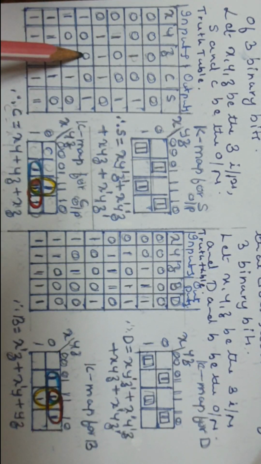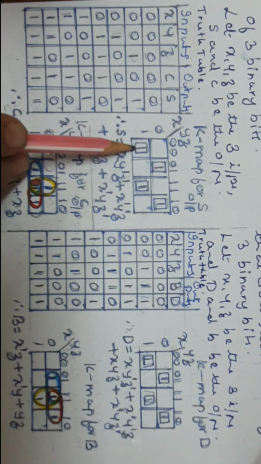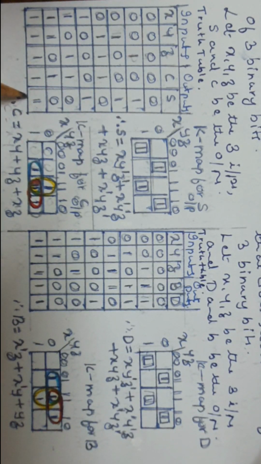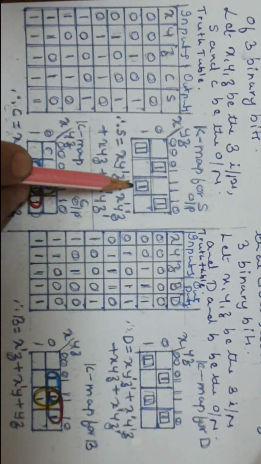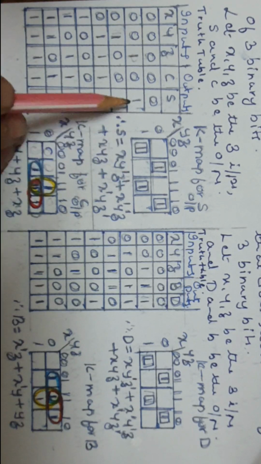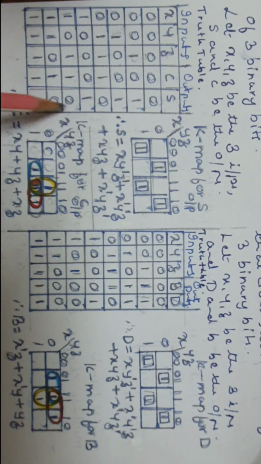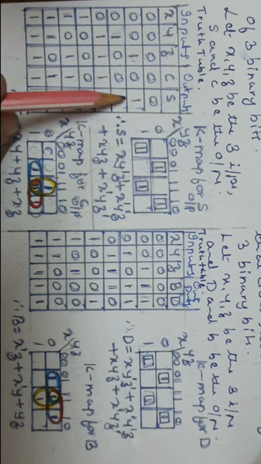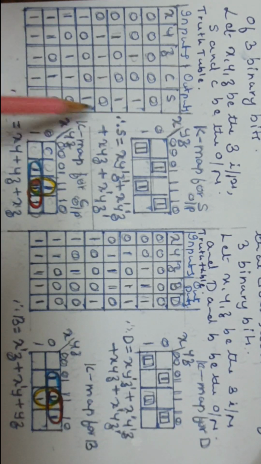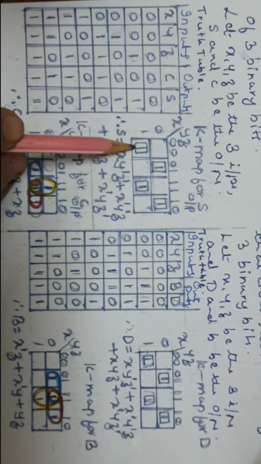This is minterm 4, output is 1, so 1 is written in the minterm 4 place. Minterm 7, the output is 1, hence in the sum kmap, minterm 7 place is filled with 1. So for minterms 1, 2, 4, 7, the S output is 1, hence in the kmap, in those minterm places, logic 1 is filled.